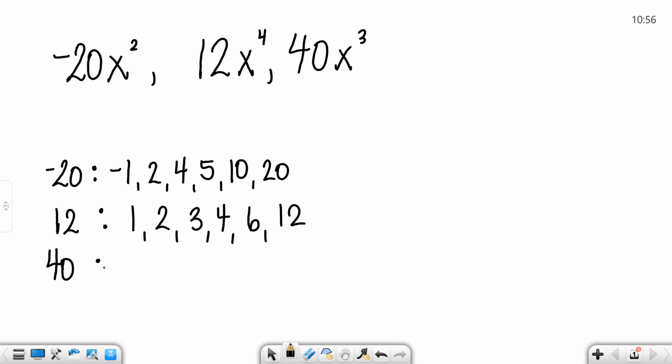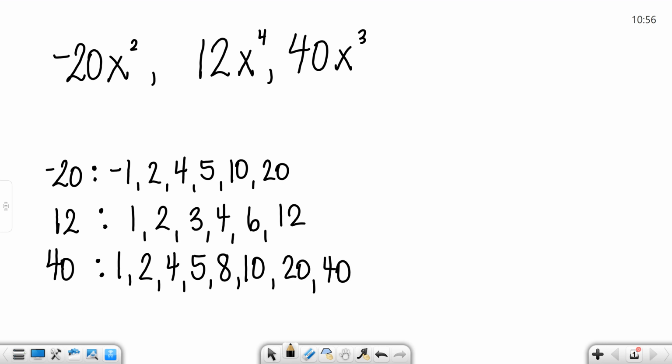And then all the numbers that go into 40: 1, 2, 4, 5, 8, 10, 20, and 40. Now this way can get pretty lengthy, because let's say that these numbers had been 250, 496, and 732, which is a possibility. So this is not the best method for doing this. I just wanted to show you that it is another option.